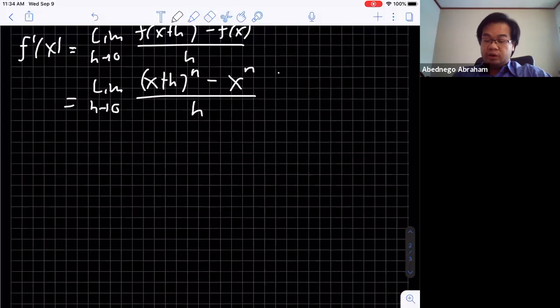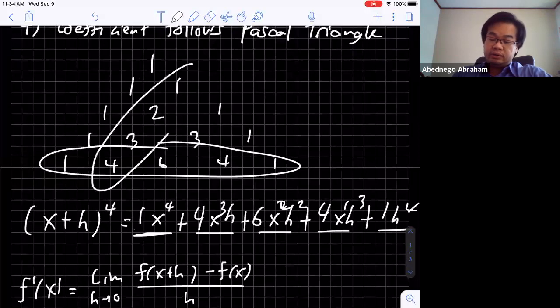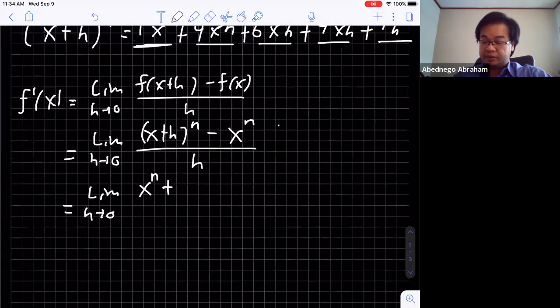Okay, so if I have to expand it, limit of h approaching 0, (x plus h) power of n, the first term will definitely be x power of n. Now realize the second term's coefficient will always be equal to the power n. So it will be n times x power of n minus 1, and the h is increasing by 1.